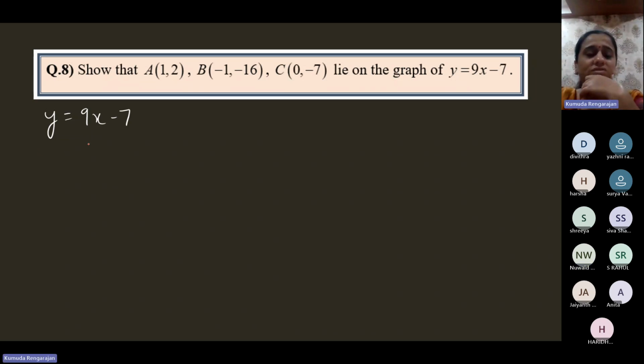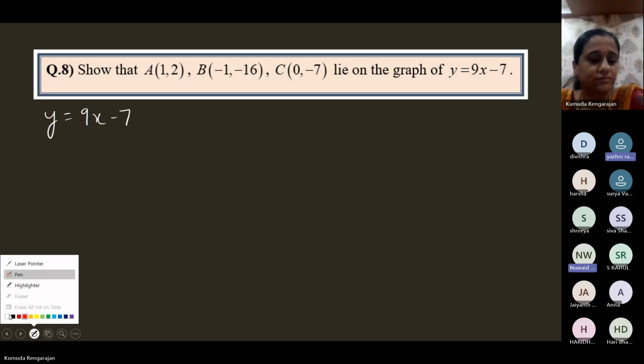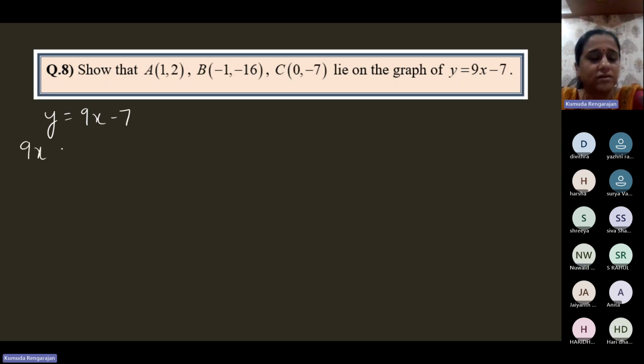Now write this equation in the standard form. 9x plus y plus 7. 9x minus y minus 7. Yeah, 9x minus y minus 7 is equal to 0.